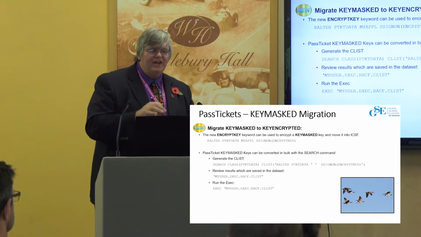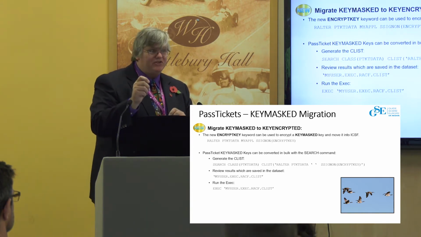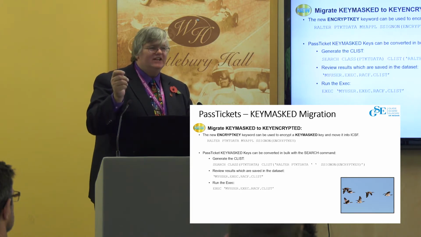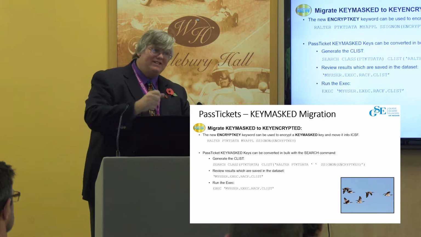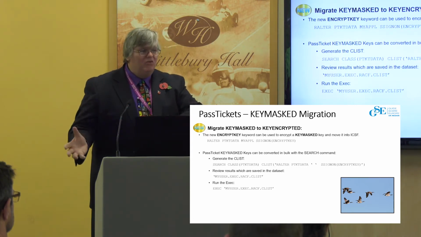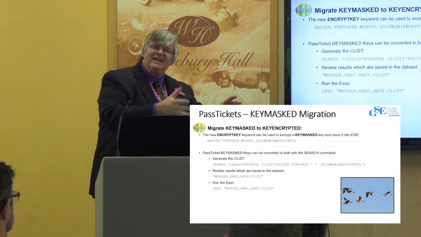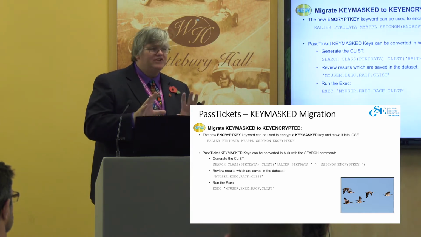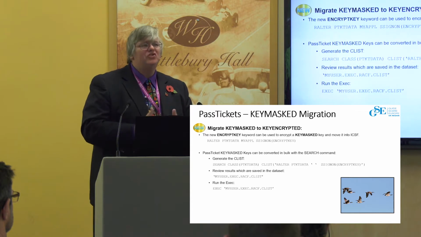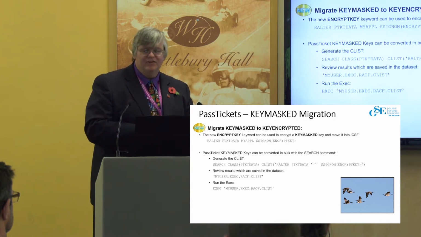Literally, all you do is an RALTER using SSIGNON and a special keyword, ENCRYPT. That will instruct RACF to take that key, and if you have ICSF set up and configured, we'll put that key into ICSF, generate a key label, and store things. So now you're in a much more secure mode for the protection of the very sensitive information.